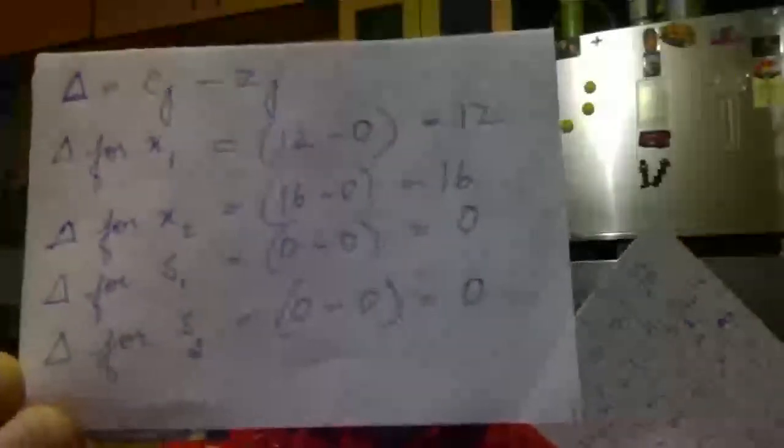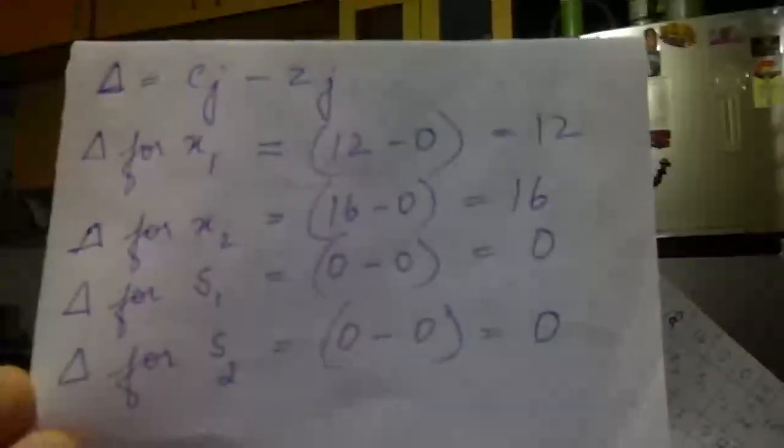This is the way you do delta. This is the way we calculated delta. 12 minus 0. See again properly. If you want to take screenshot. So when I copied it here, I wrote 0, 0. I'm sorry.